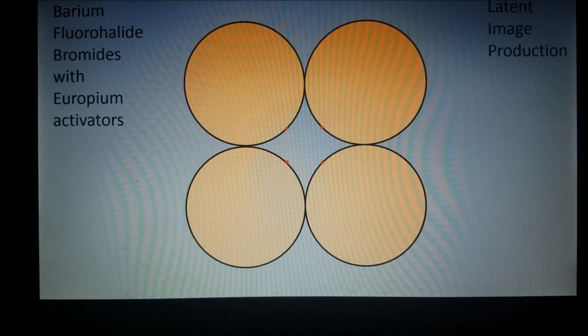While emitting light, these 4 electrons are pushed from the europium activators and moved in between them into the center of this area called the lattice.